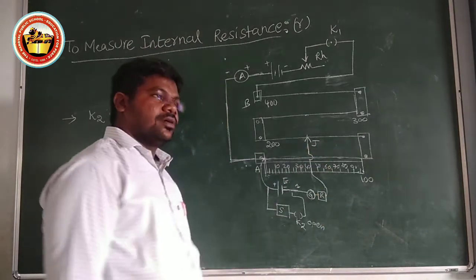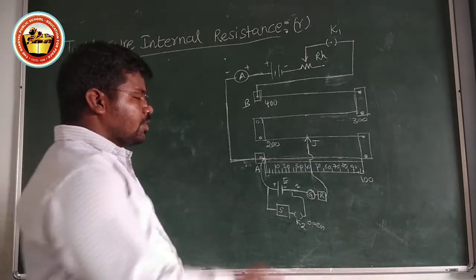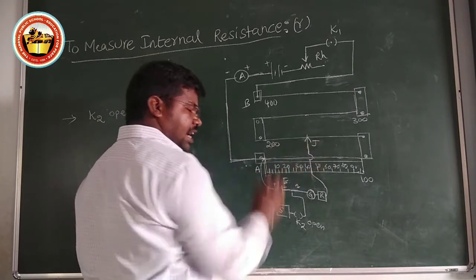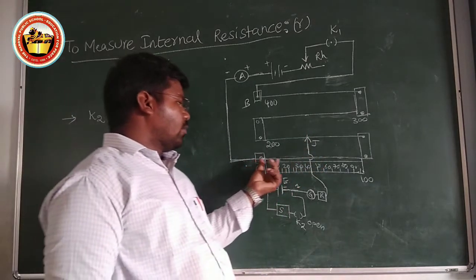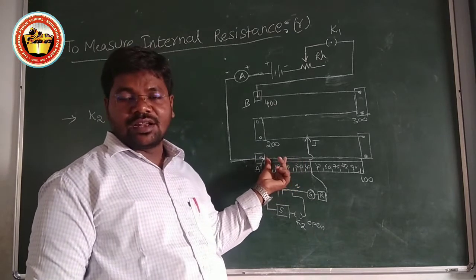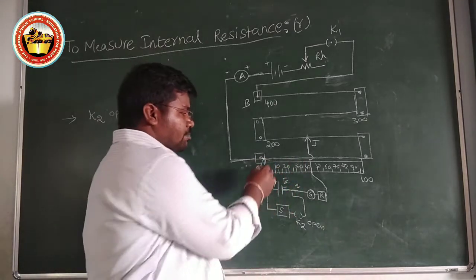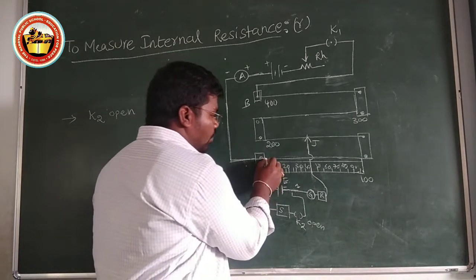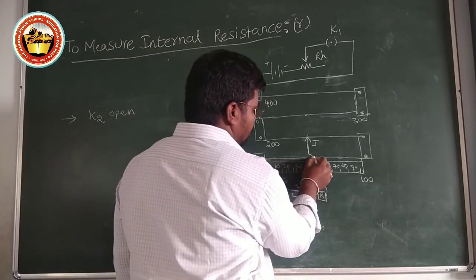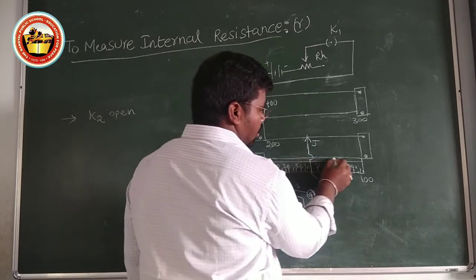So we take the jockey and slide it over the wire, from 0 to 400, moving the jockey on the wire.